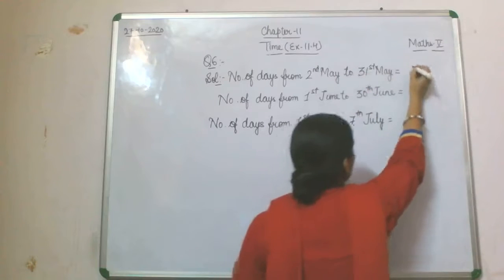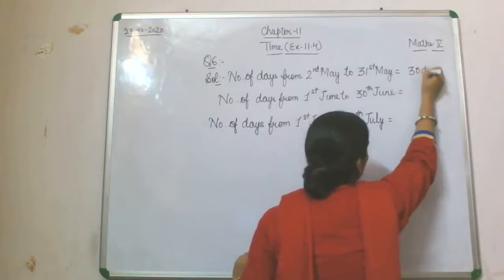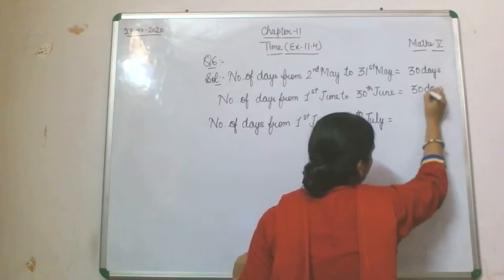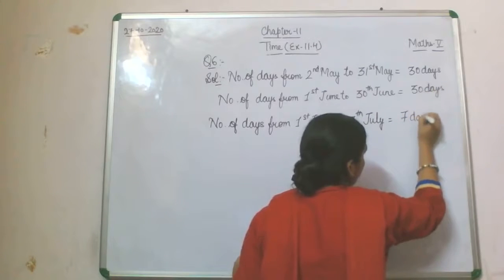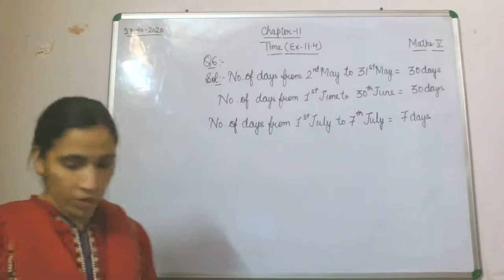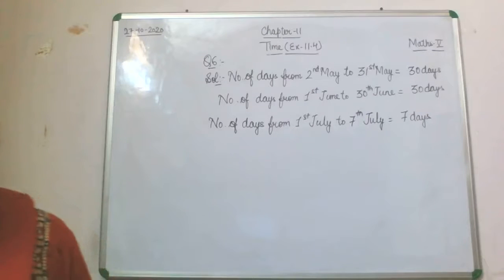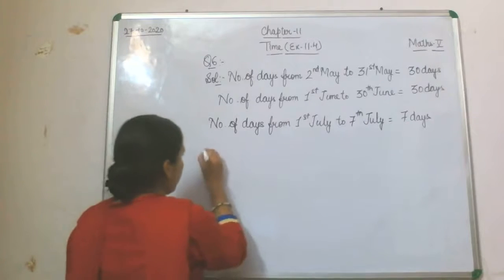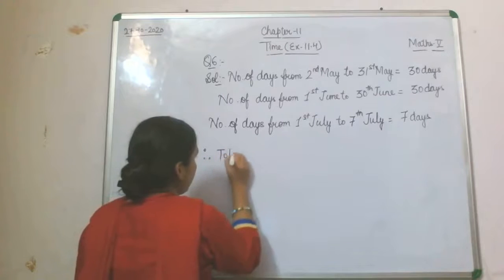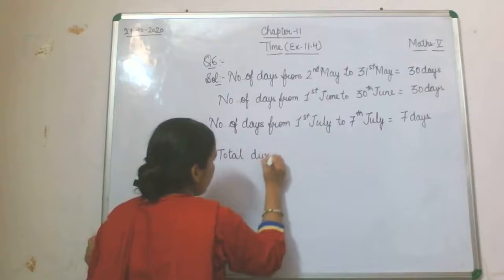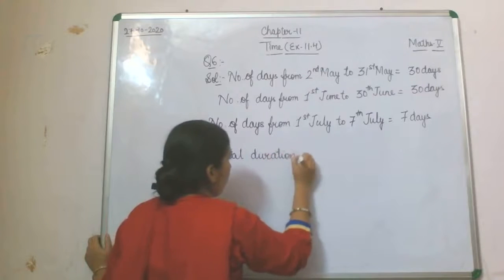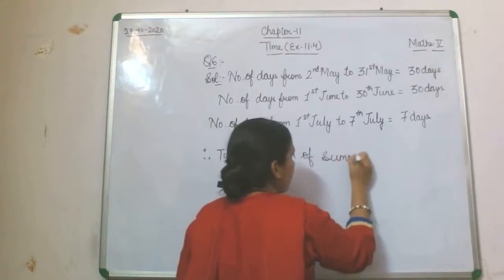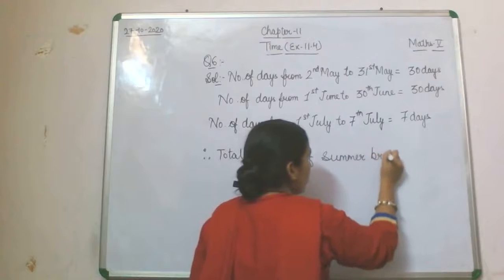So now what is there? Here the duration will be 30 days. Then again one more 30 days. Then here 7 days. Now what is the last part of the question? What is the total duration of the summer break?